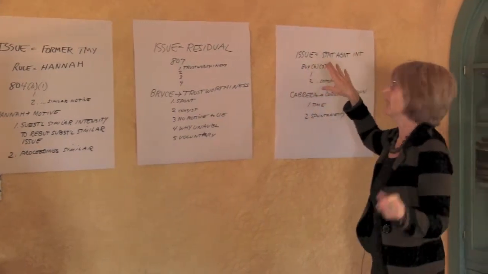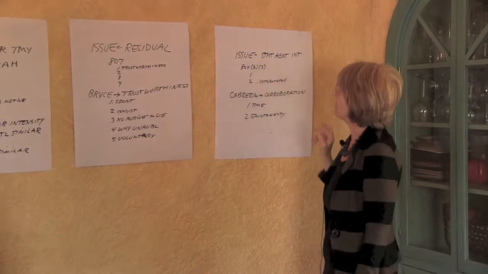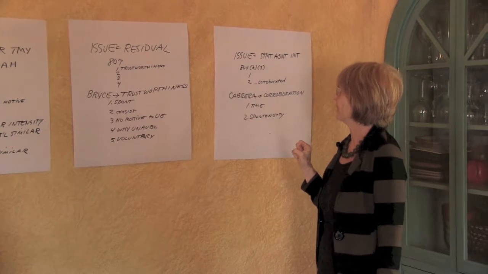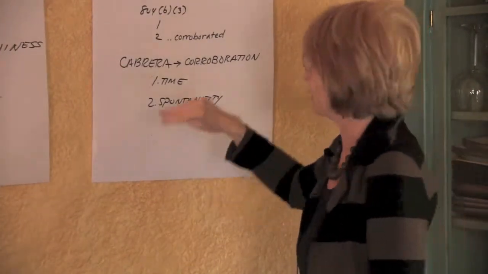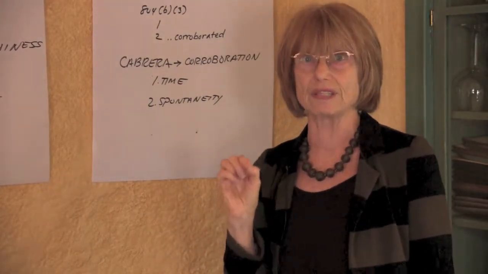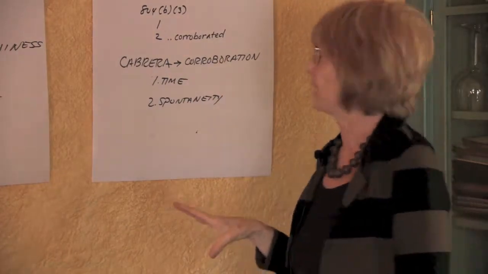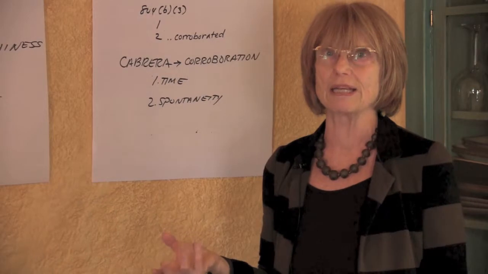And then the last one, the issue with statement against interest. The rule is 804, Federal Rule of Evidence 804(b)(3). And it has a two-element test in the statute. The second one involves corroboration of the statement, and the Cabrera case zooms right in on corroboration and gives a 2-part test: the time and the spontaneity.